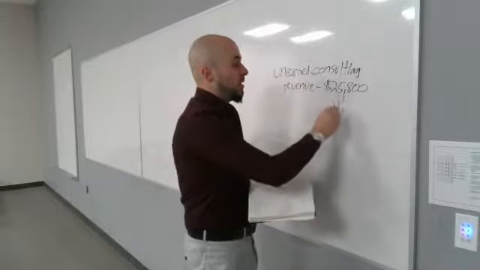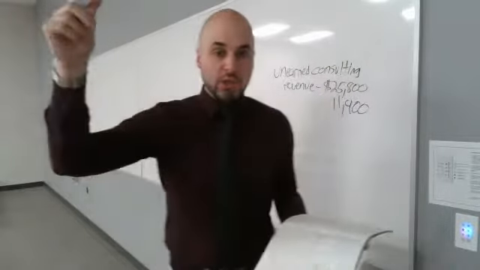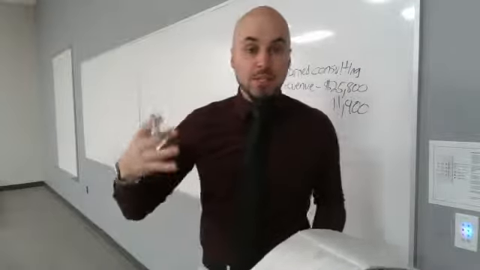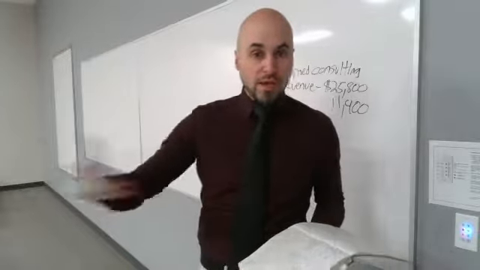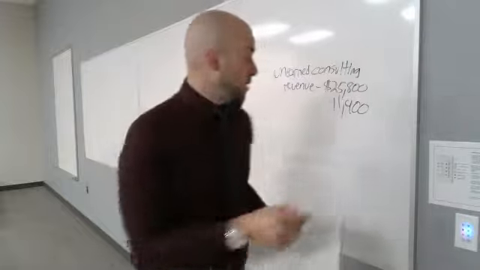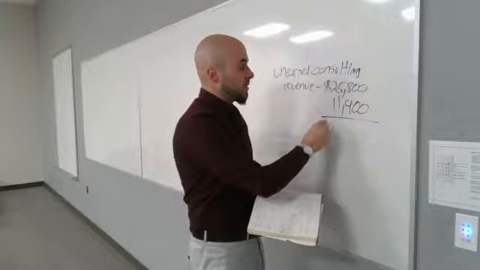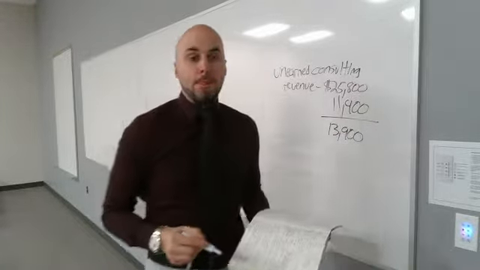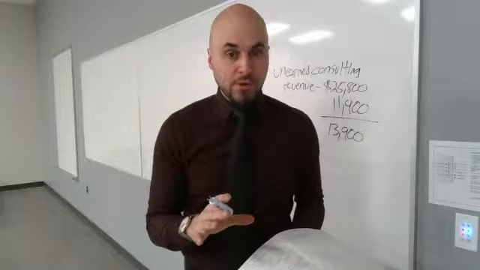So 25,800, again from the unadjusted trial balance, minus the 11,900, because that is still unearned, still needing to be performed by us, either a service or a product. Therefore, the difference, 13,900, represents what has been earned.